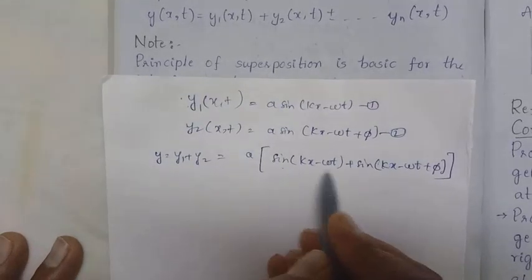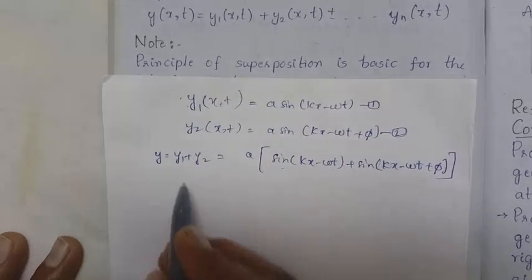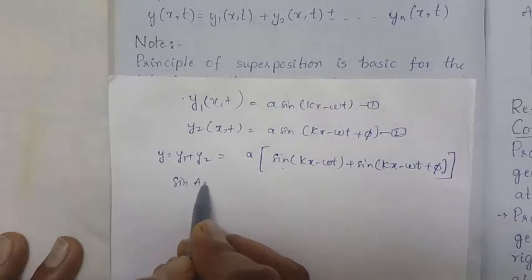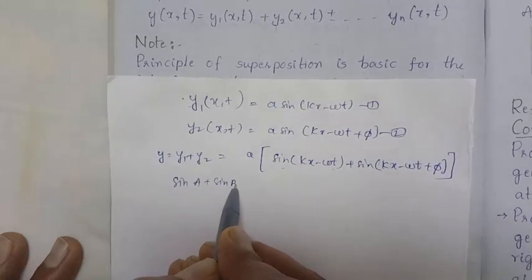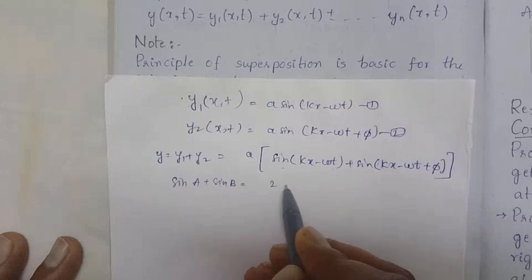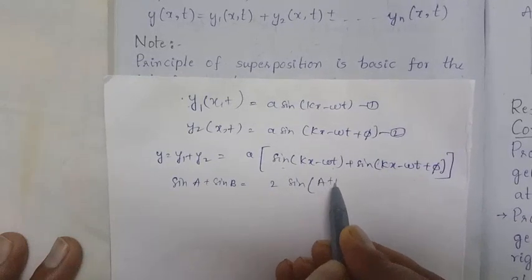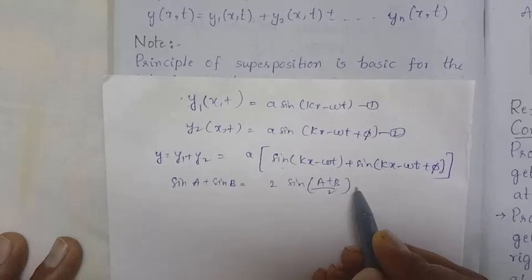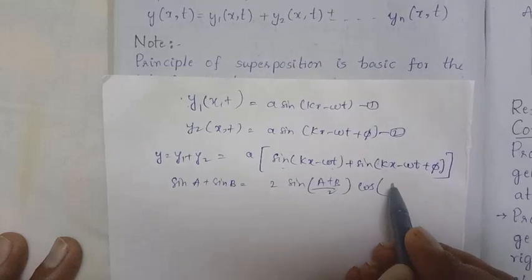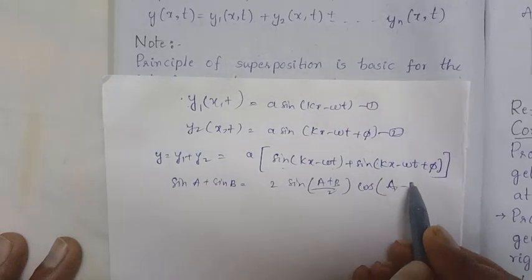Suppose it is sin A and sin B. So what is the formula? Sin A plus sin B is equal to 2 sin((A+B)/2) cos((A-B)/2).